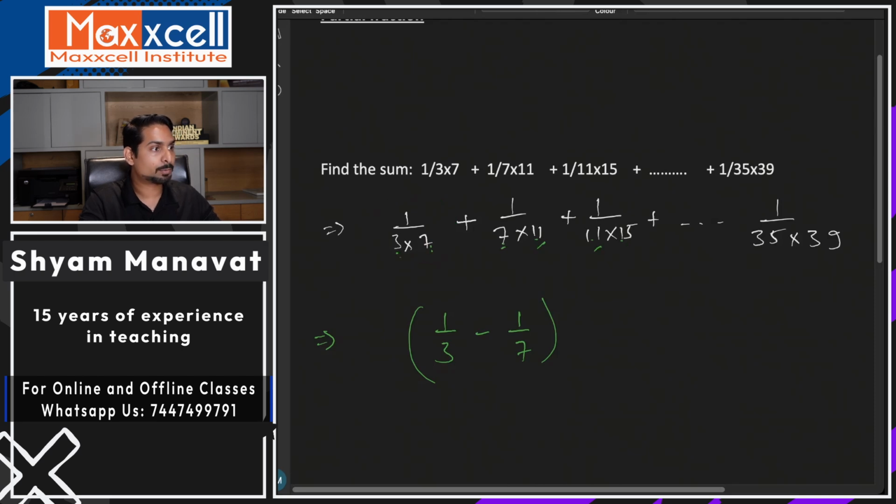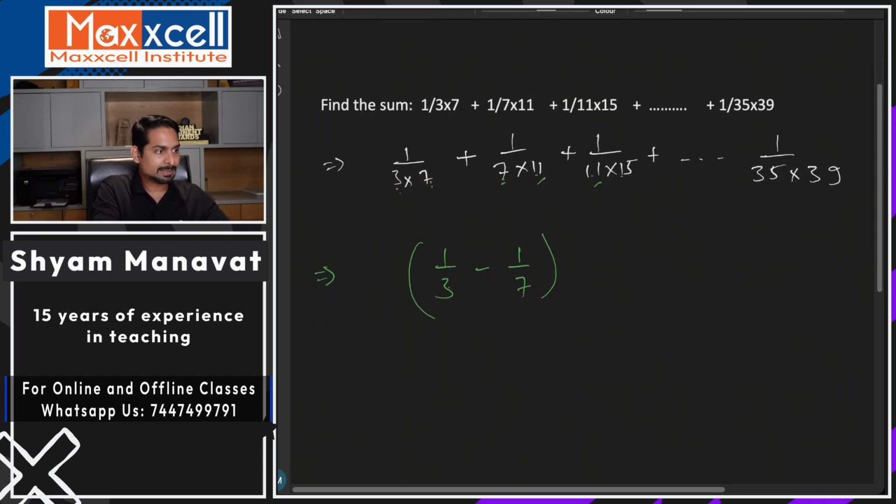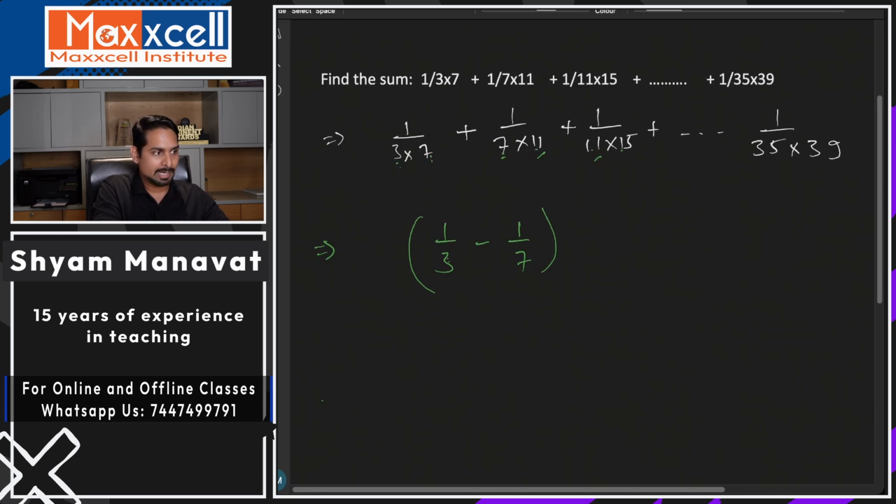Now how do we go to the next step of solving this? You write this one term as 1 upon 3 minus 1 upon 7. I want to write 1 by 3 into 7 as 1 upon 3 minus 1 upon 7, the subtraction of these two, where 3 is the first part of the denominator and 7 is the second part.